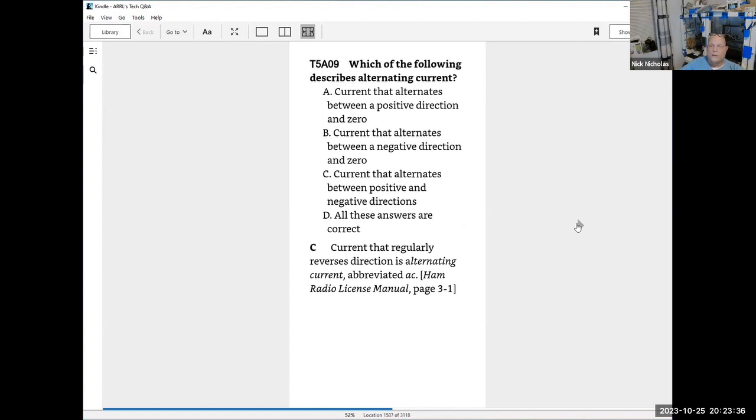There are pulsating AC signals that first switch high and have a constant positive voltage, then switch low and have a negative voltage, then switch back high. We call that square wave AC, but the truth is it's just on and off of a signal that goes between positive and negative. It's not used so much directly in radio electronics, but it does exist. That's a current that alternates between positive and negative directions. So the answer is C.